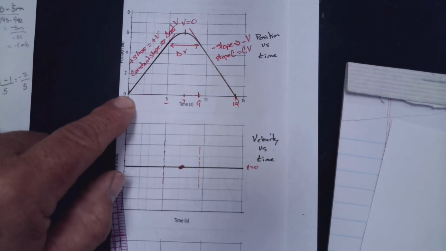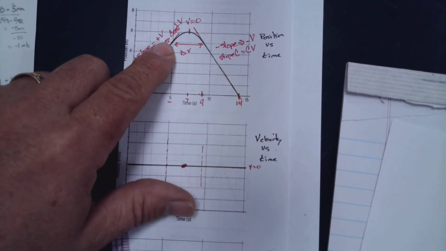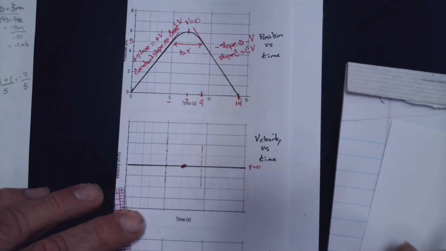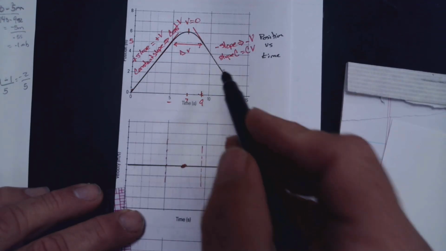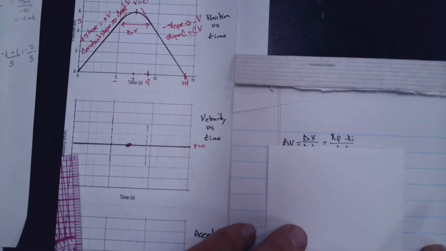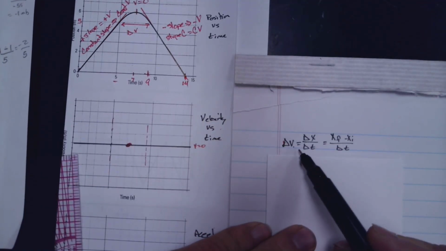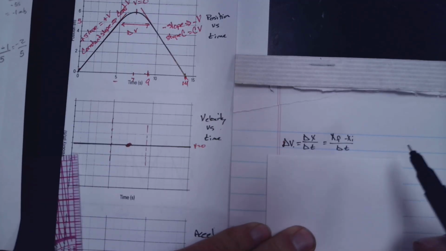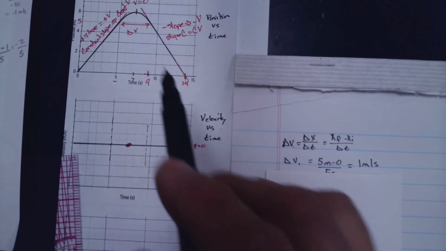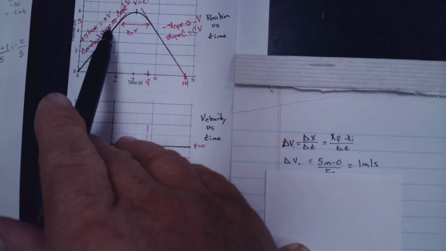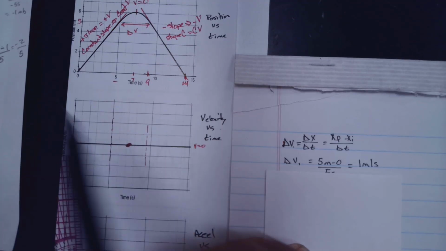Here's my initial position, and here's my final position, and that's going to have a 5 value. And I can see those on the other side also. So if I go to my equation, my change in velocity is change in position divided by time. My final minus my initial. I went and looked on here that my final is 5 up here, and my initial was 0.